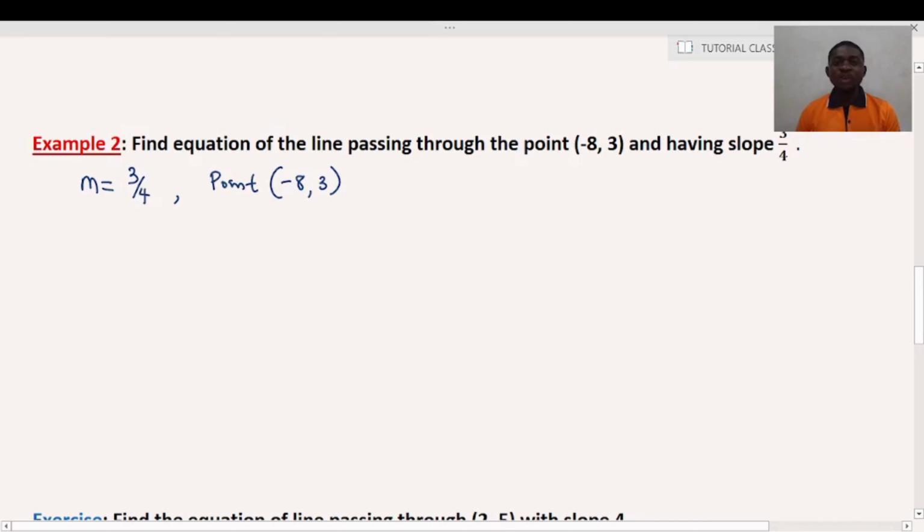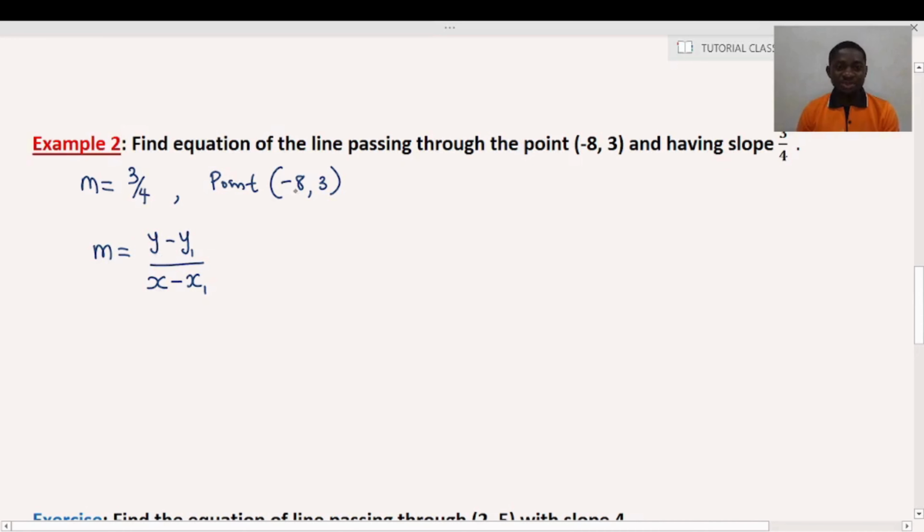Recall, whenever we have the gradient and a point, we use the formula m equals (y minus y1) divided by (x minus x1). Because we have been given the y1 and x1 and the gradient, we connect it with the arbitrary y and x that helps us to determine the equation of that line.